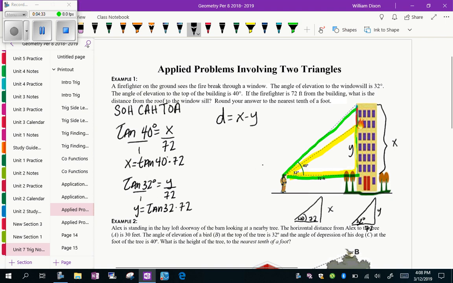Well, the distance is going to equal X, which is the tan of 40 degrees times 72, minus tan of 32 degrees times 72. And we can plug that all in our calculator. And when we plug that all in, we get the distance is 15.4 feet.